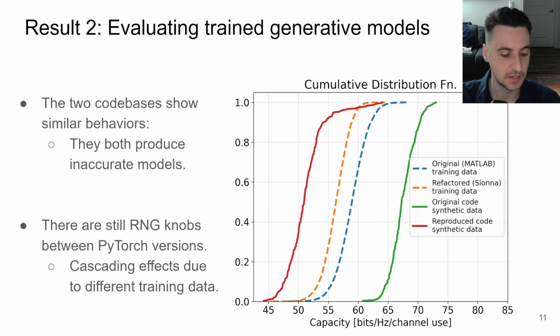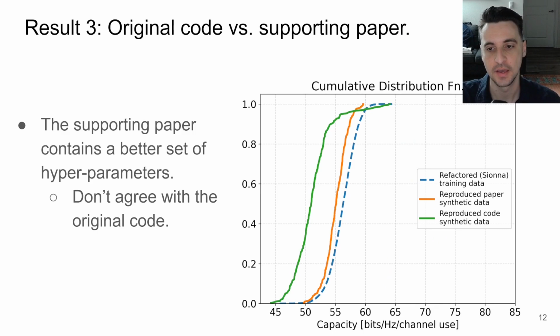Even still, because of the different training data and different batching RNG that we can't control, because we also updated PyTorch, there are sort of cascading differences, and we get two inaccurate generative models, which is sort of to be expected.